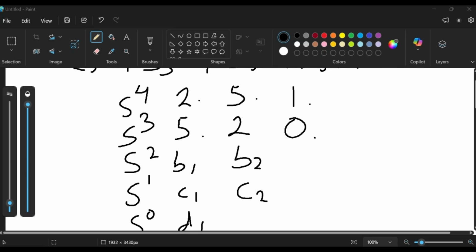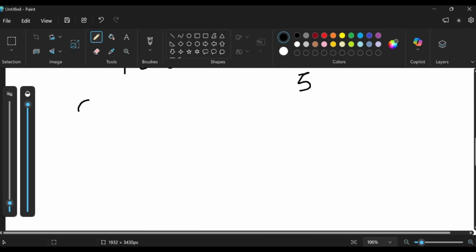For c1, we would use 5, 2, and then b1 and b2 to find c1. b1 was 4.2, and then b2 was 1.